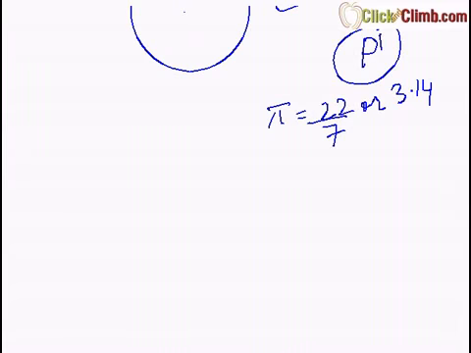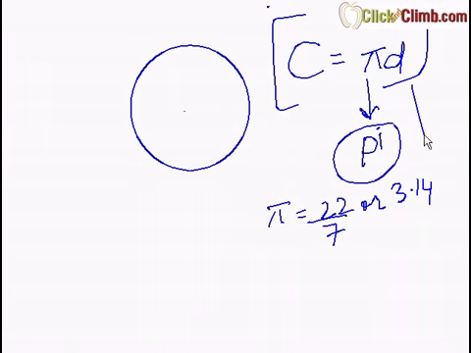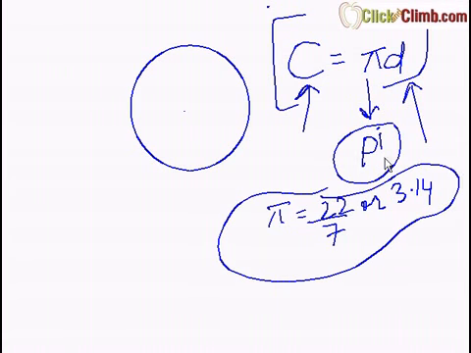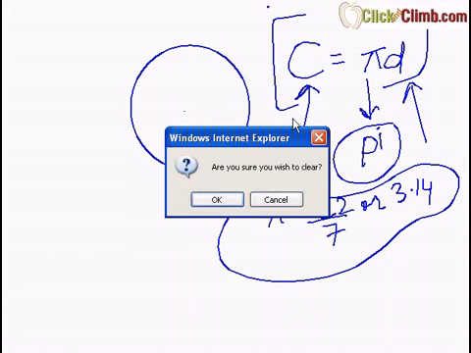If you are given the diameter of the circle, you can find the circumference, or if you are given the circumference of the circle, you can find the diameter, as you know the value of pi. Now let's see some other problems, like the area of a circle. What's the area of a circle?